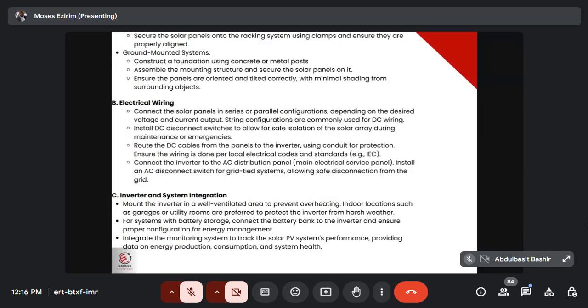AutoCAD Map will enable you to geolocate. What I mean by geolocate is that from the map you can import your location. When you import your location, you'll be able to tell that this is where I want to start, this is the area that I want to have my solar farm.